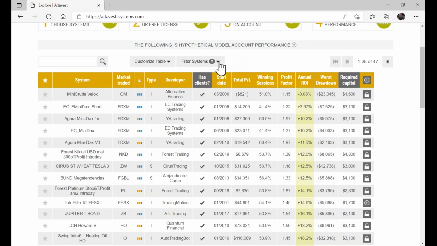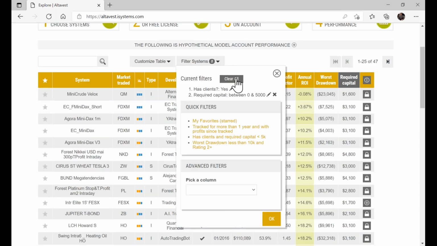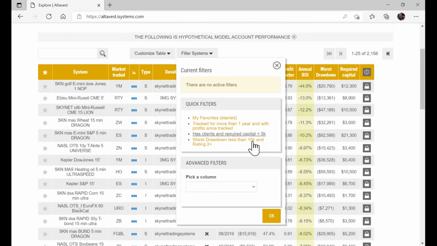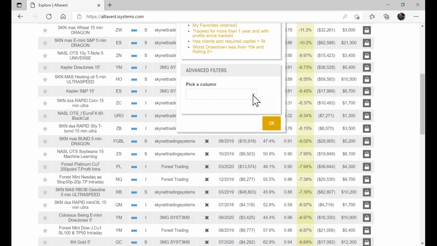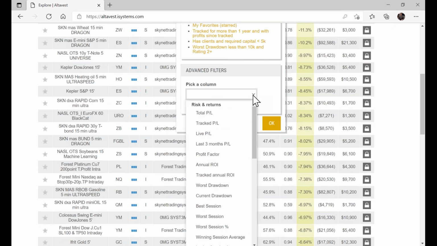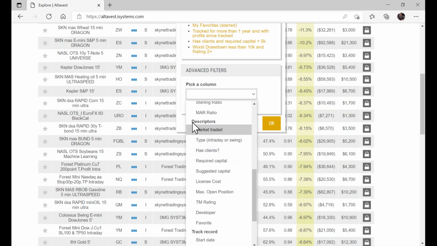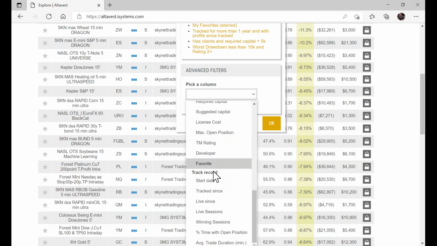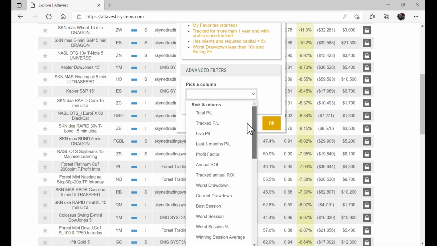Now you can go back and continue to filter. Let me clear all those. And let me show you the really powerful tool, the advanced filters. So for example, you can look at risk and returns, descriptors, and track record. So those are the categories, and all these different elements here can be used as a filtering tool.